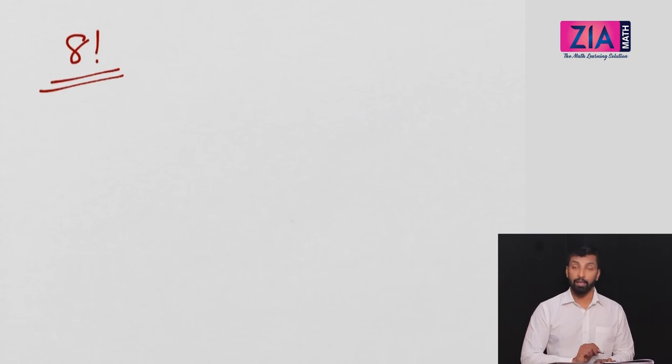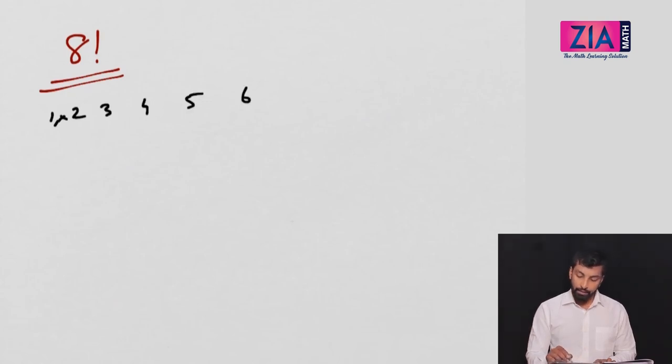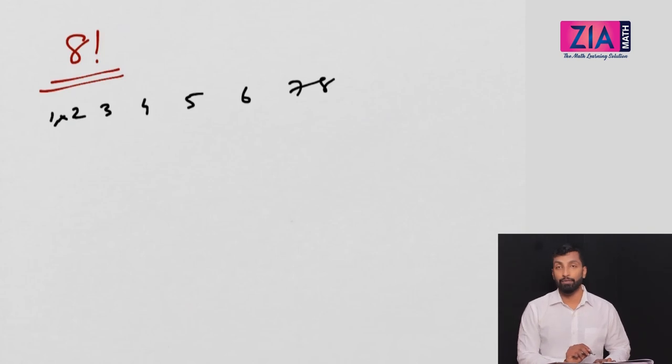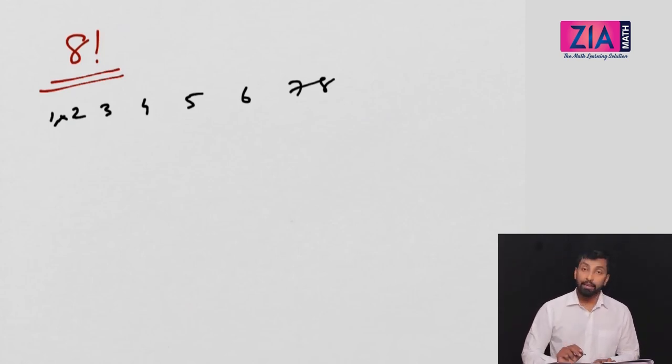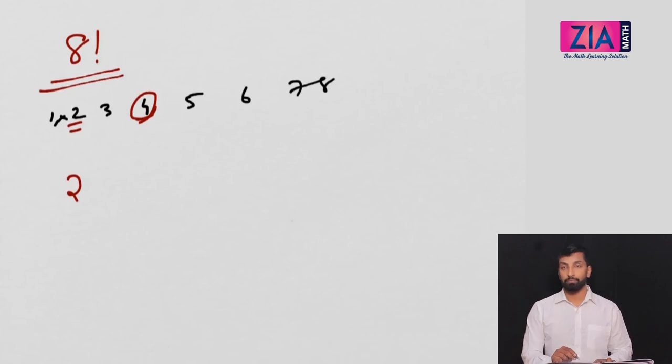So if I ask you the number of factors of 8 factorial, how will you do this? You can write it as 1 into 2 into 3, 4, 5, 6, 7, 8. This is the factorial. How will you prime factorize? See the possible number of 2's. You'll get 1 two here, so 2 raised to 1. Then 2 twos here, so it becomes a total of 3 twos.